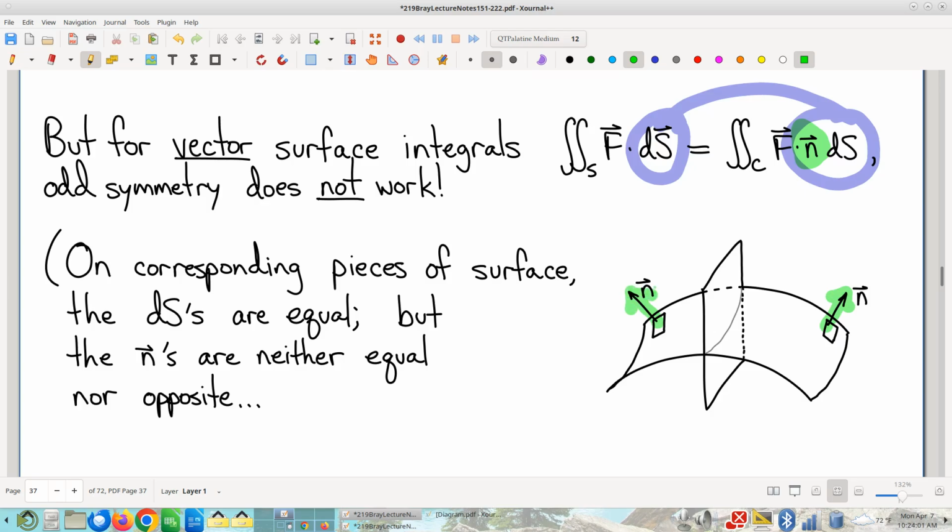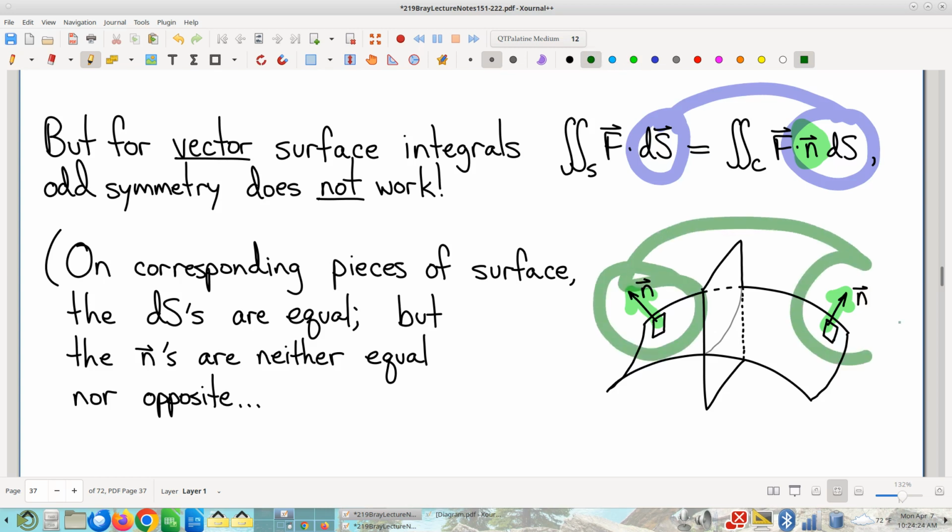In kind of the same way that unit tangent vectors don't behave nicely on symmetric curves, likewise unit normal vectors just don't behave particularly nicely in terms of oddness on symmetric surfaces. Look at these two vectors right here. Are they the same? No. Are they negatives of each other? No. They're neither.